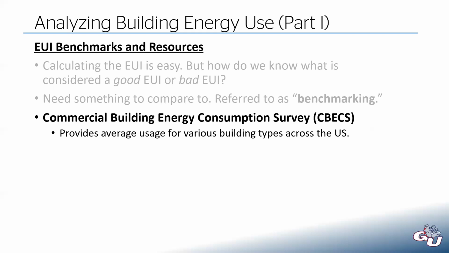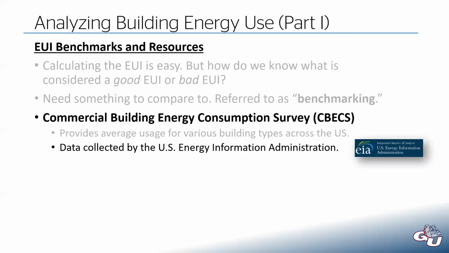It's a monstrous data set, hundreds of thousands of buildings. It's collected by the U.S. Energy Information Administration. They've updated it, I think, in 2003, and then again in 2012, and now I think they're collecting another set of data.